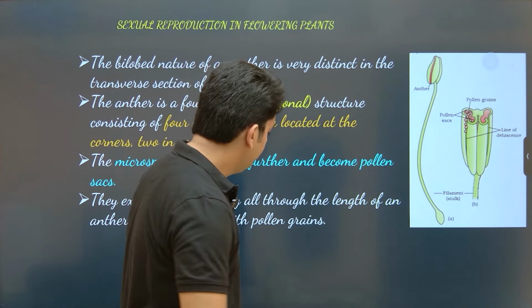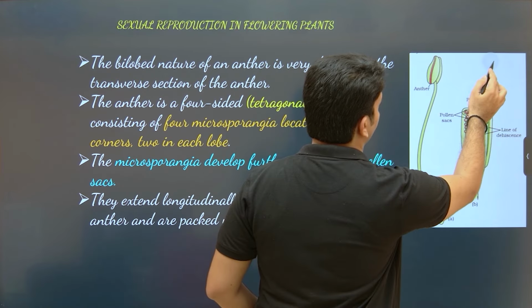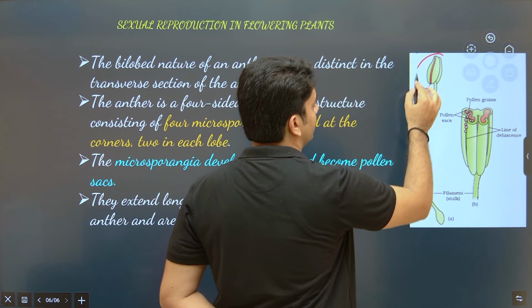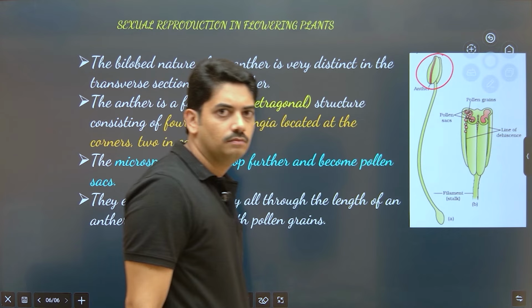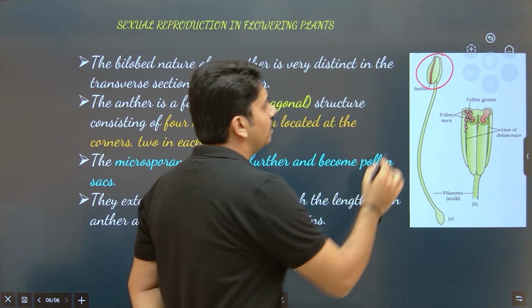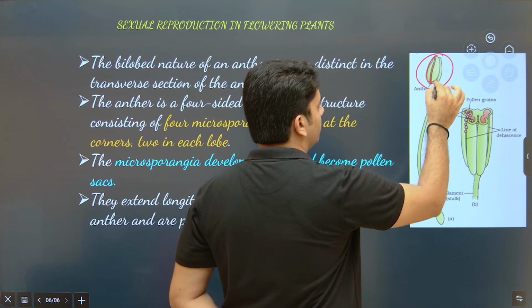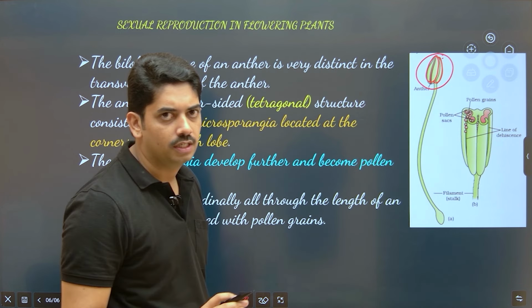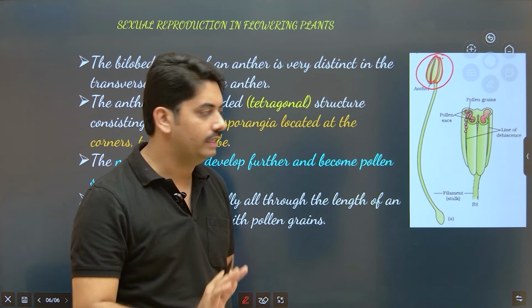Just observe here. See, this is one anther lobe. It is clearly observed that this is one lobe, this is another lobe, bilobed condition, or you can say dithecous condition.